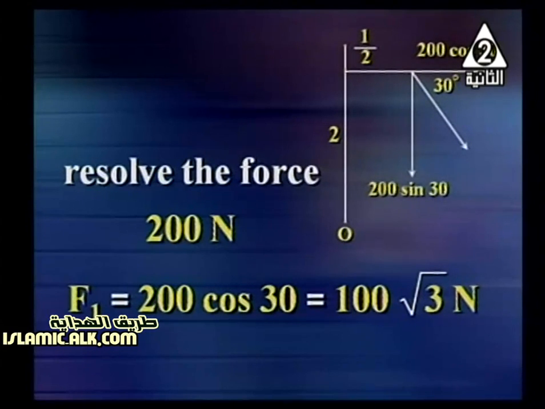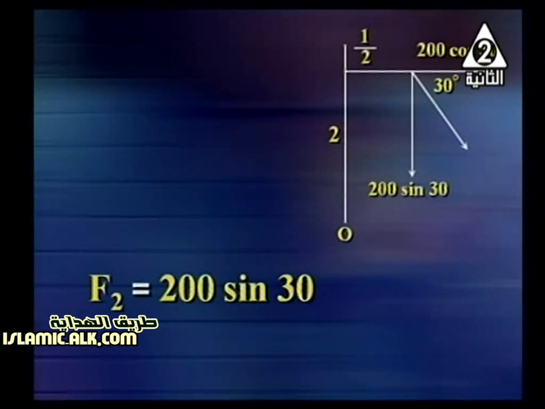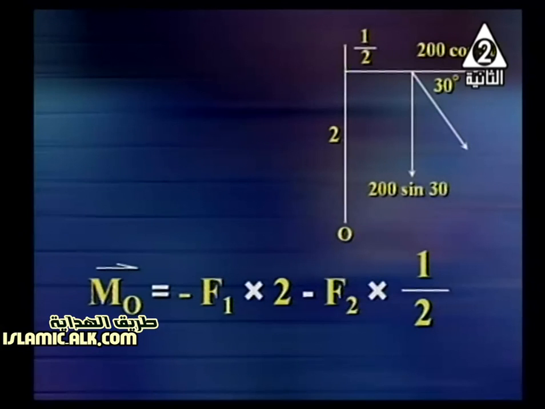F2 equals what? 200 sine 30, and sine 30 equals half. In this case, F2 equals 100 Newton. The moment equals negative F1 times 2 minus F2 times 1 over 2, or distance half. Look at 2, the intercept on the y-axis, and 1 over 2, the intercept on the x-axis.